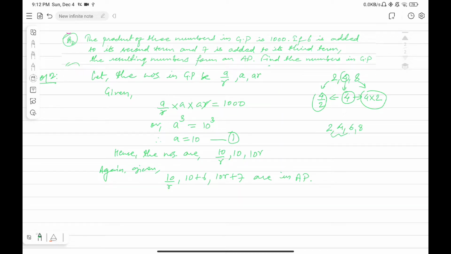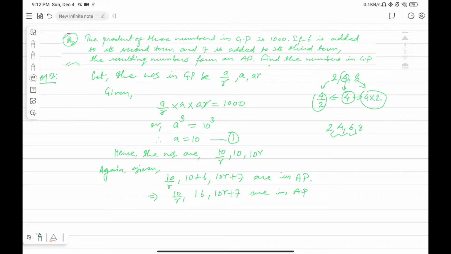So a constant number is being added in each step as we move forward to the next number from the previous one. That is an AP, arithmetic progression. So 10 by R, 16 and 10R plus 7 are in arithmetic progression.